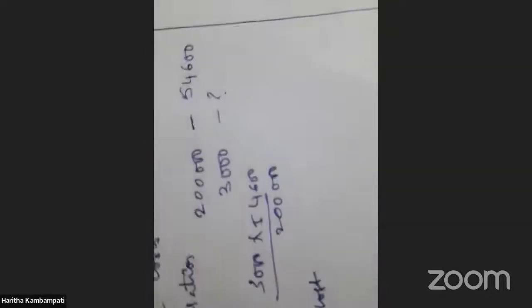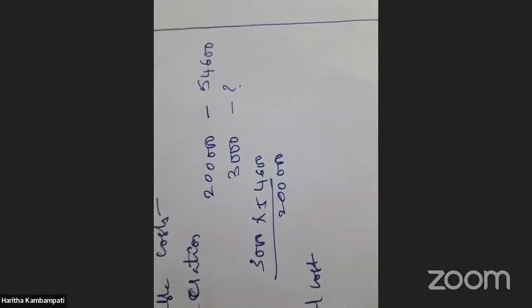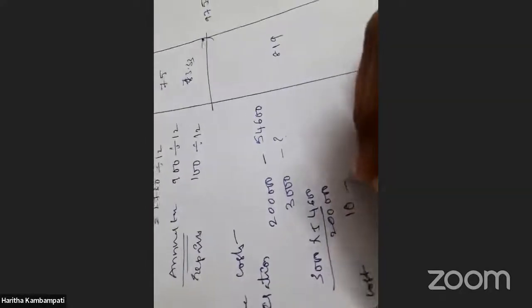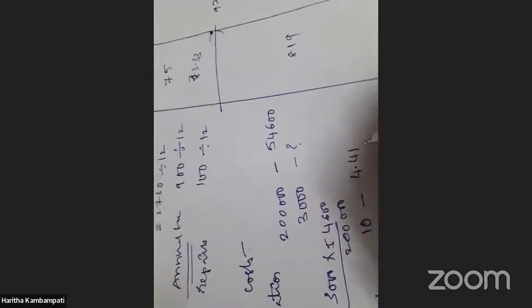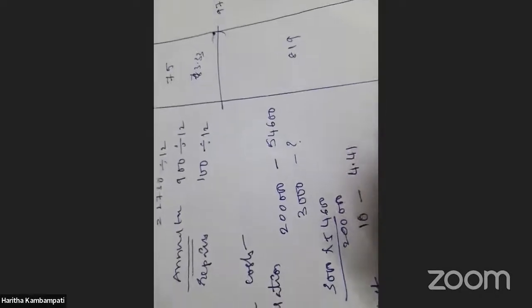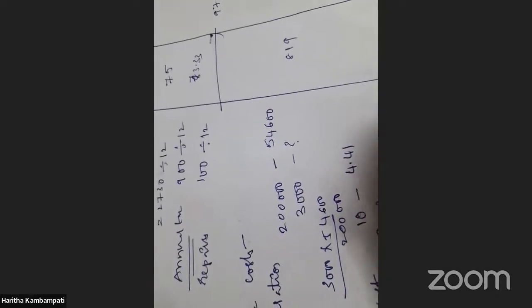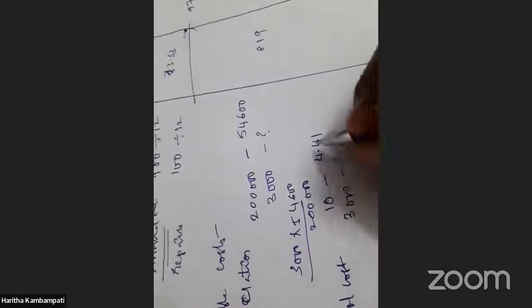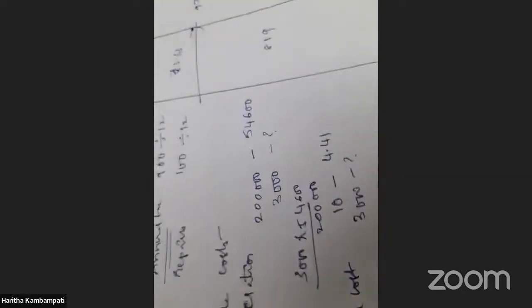Petrol cost. Please go to the last para. For 10 kilometers, it is costing 4.41. For 3,000 kilometers, how much? Likewise, you do cross multiplication.